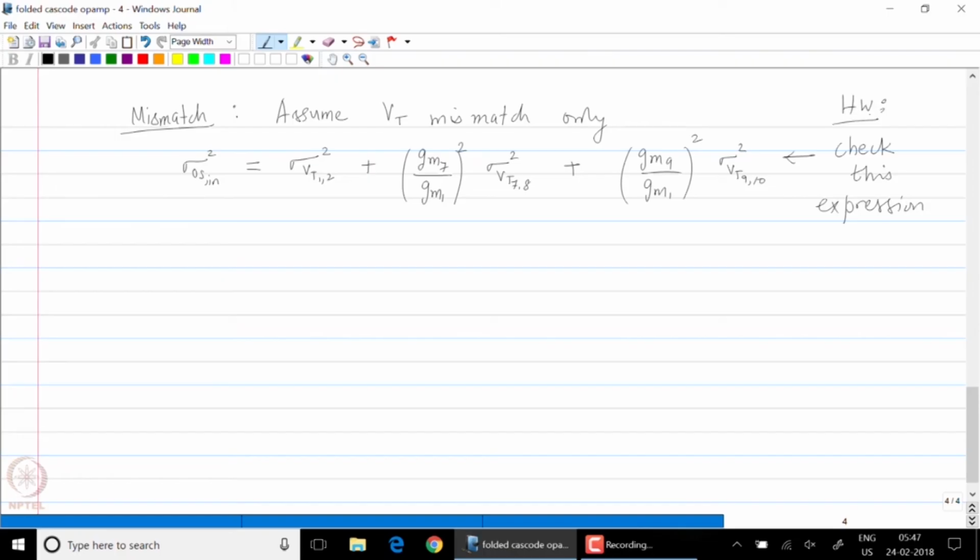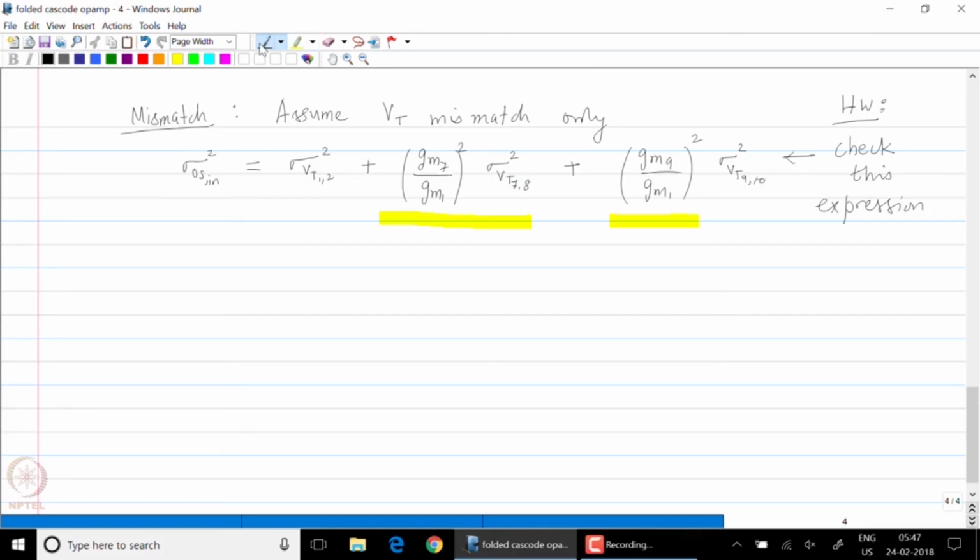You need to figure out whether this intuition is correct or wrong. In other words, whether VT7 and VT8 will appear as scaled by GM7 over GM1 the whole squared, and whether VT9 and VT10 will also be scaled by GM9 over GM1 the whole squared. So this is going to be a general homework exercise for all of you.